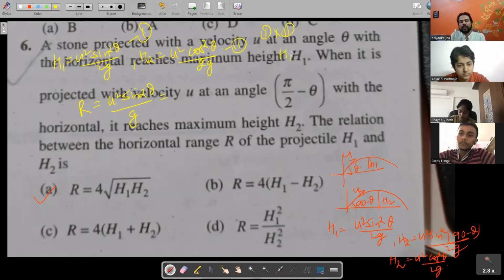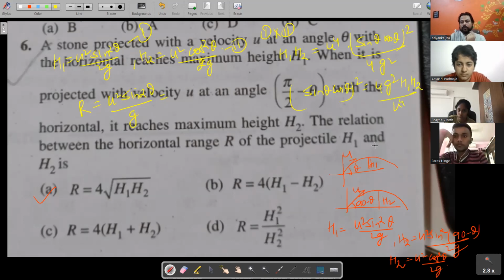You will get h1 into h2 equals u to the 4 into sine theta cos theta whole square upon 4g square. Now cross multiply: sine theta cos theta whole square times 4 g square equals h1 into h2 upon u raised to 4.